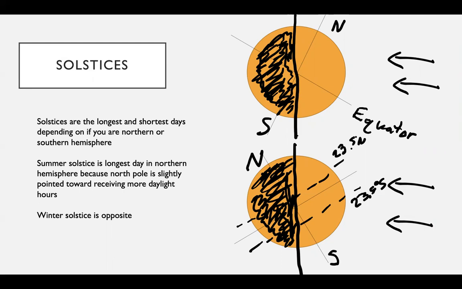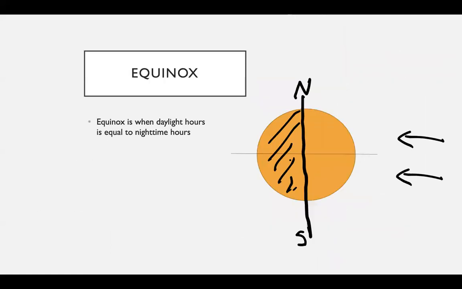It's going to be 23.5 degrees in tilt. And then the winter solstice is the exact opposite. That's when the North Pole is pointing away from the sun, and it receives the least amount of daylight hours. Equinoxes are when daylight hours are equal to nighttime hours. That's in March and September.